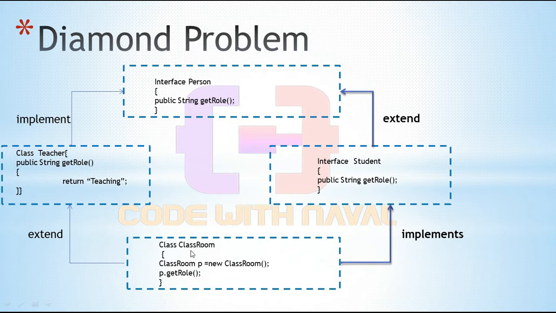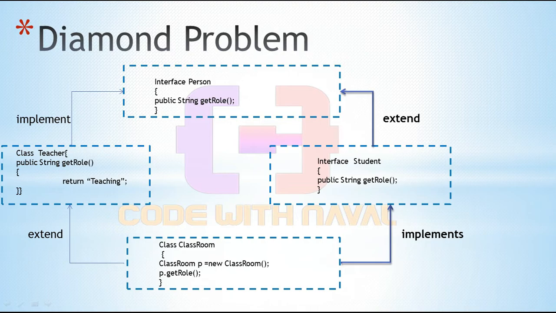And here we have the most-child Classroom class. In the Classroom class we simply extend one class, Teacher, and implement one interface. Here you can observe that we didn't extend two classes, so we don't get any problem. For resolving this diamond problem we require a minimum of two interfaces, then only we can resolve it.